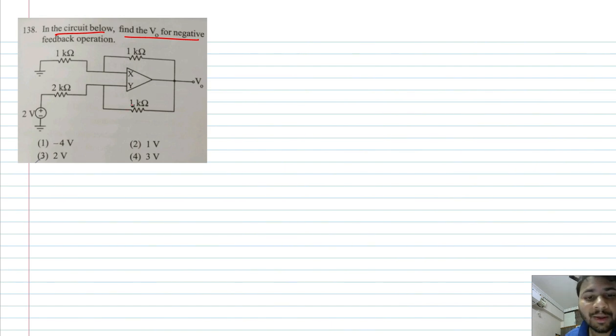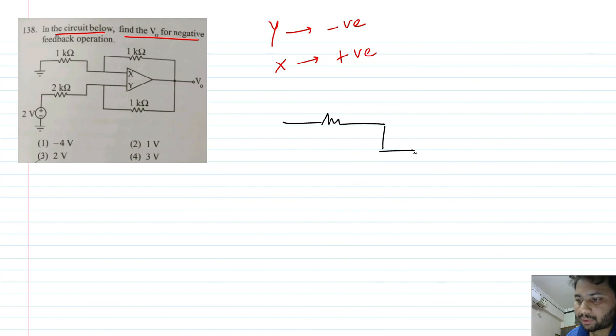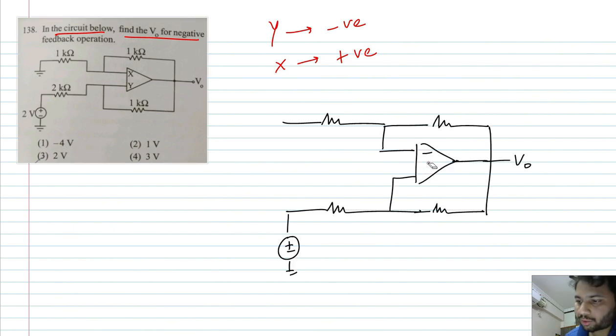In such a case, what is the value of the output voltage? I already told you in the earlier problem that Y must be the negative input terminal and X must be the positive input terminal. Taking this into consideration, let me draw the circuit. Okay, here correction: Y must be negative, X is positive.